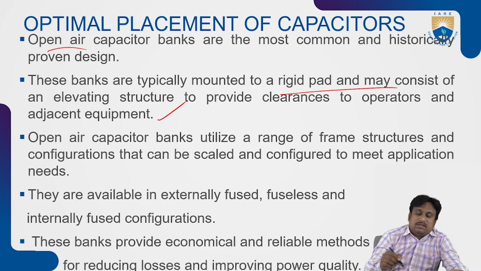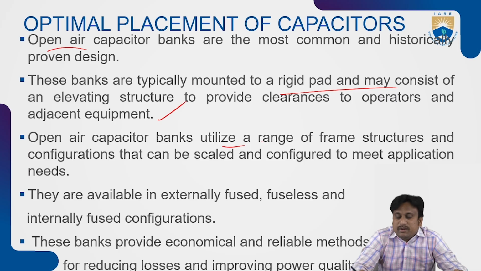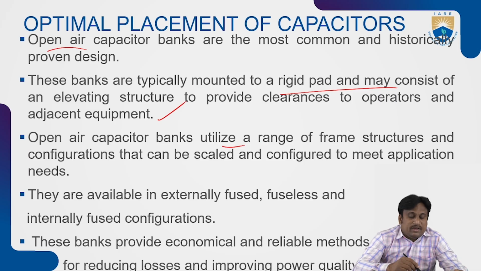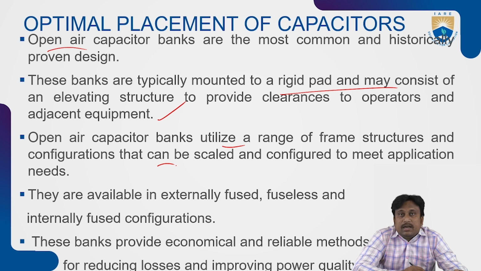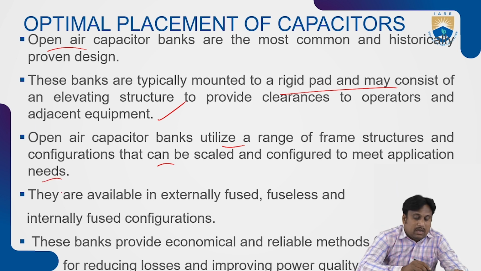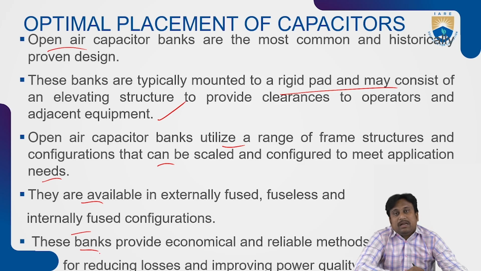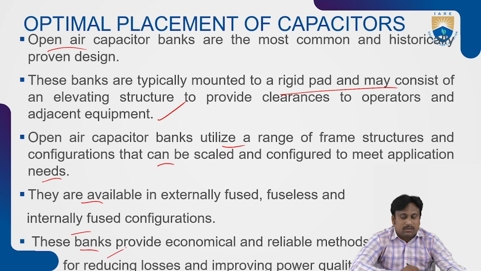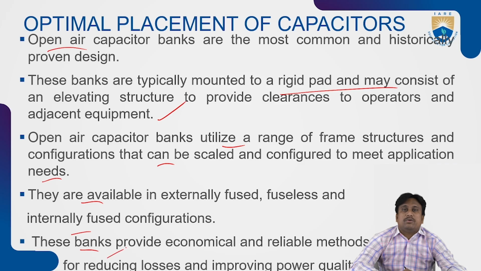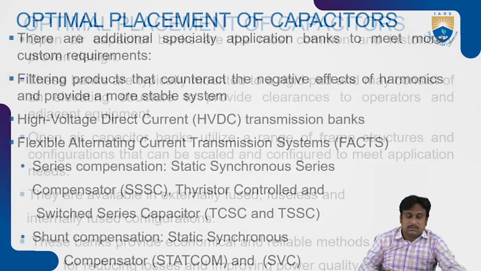Open air capacitor banks utilize a range of frame structures and configurations that can also be scaled and configured to meet the application needs. As they are available in externally fused, fuseless and internally fused configurations, these banks provide economical and reliable methods for reducing loss coefficients and improving the power quality constraints.